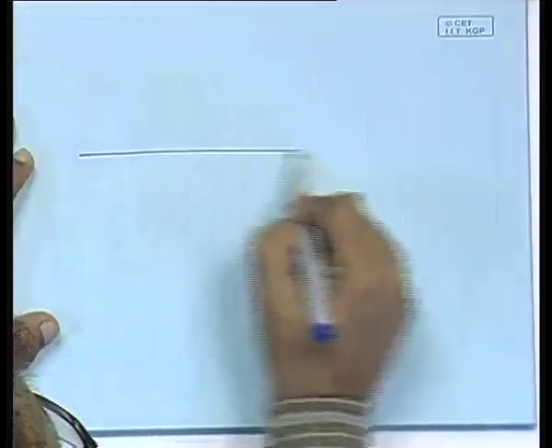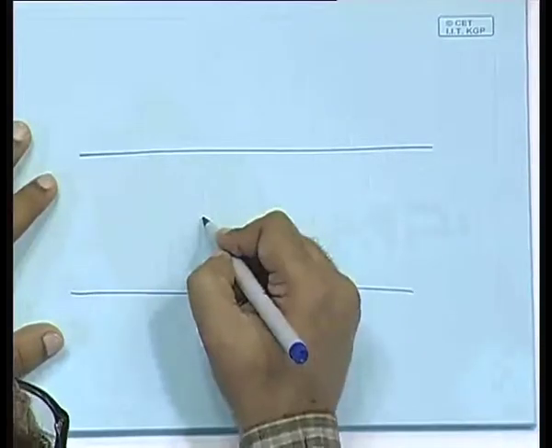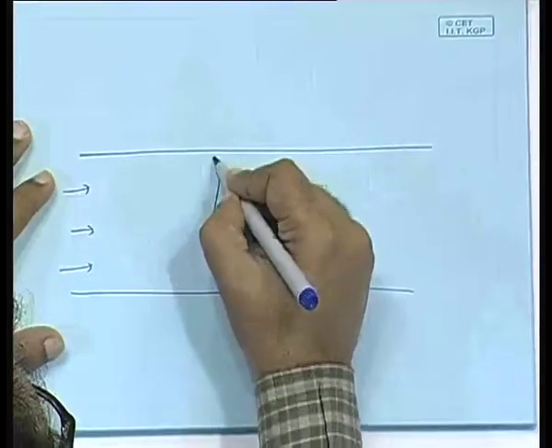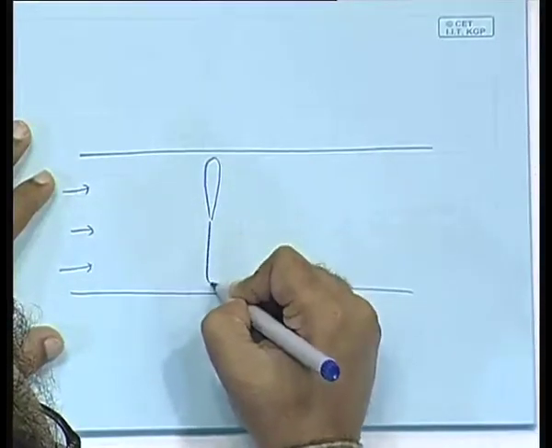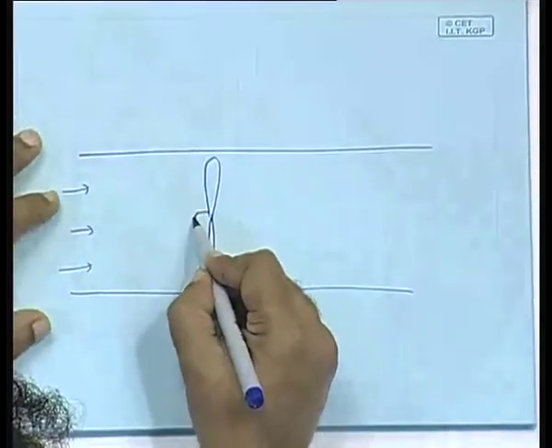But as I told you, if the head is too low, then you cannot have even that. In that case what do you do? You have a straight flow channel, and say water is flowing this way, and you can have a propeller kind of structure like this.